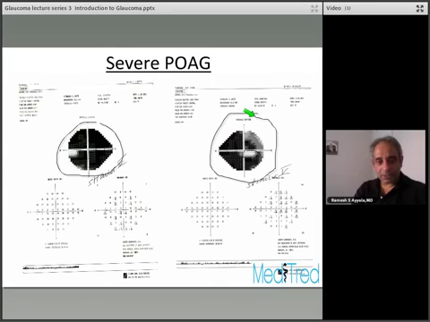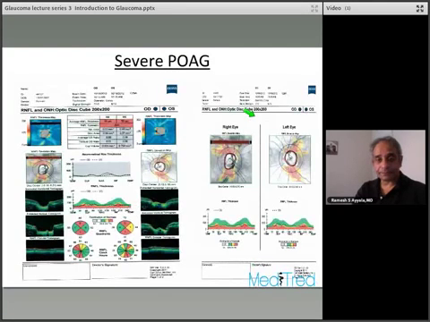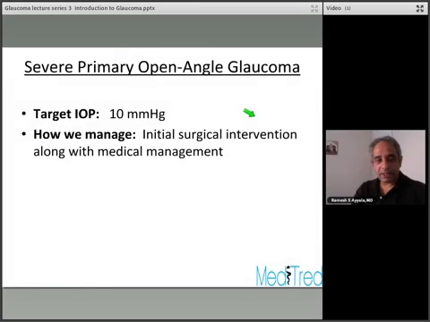If you can do that successfully, these patients can retain some useful sight and at least lead an independent life. Now, OCT of this particular patient, as you can see, the retinal layer is thinned out. And of course, in these kinds of patients, like I mentioned, target intraocular pressure is 10.